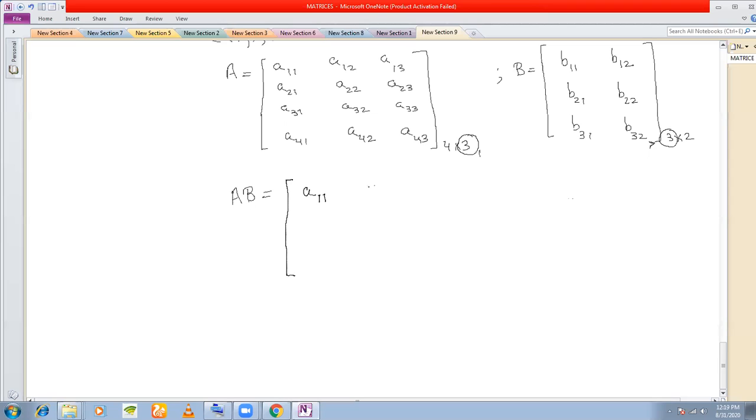This time both the matrices are not square matrices, yet we are multiplying, so you need to be a little more careful. A into B.